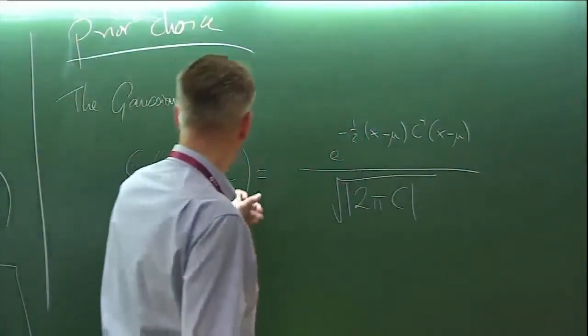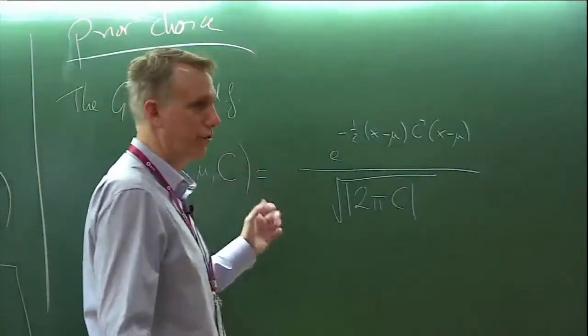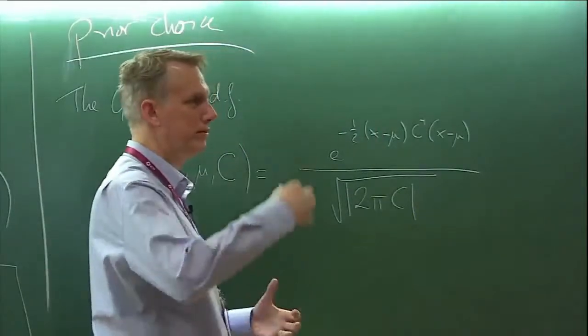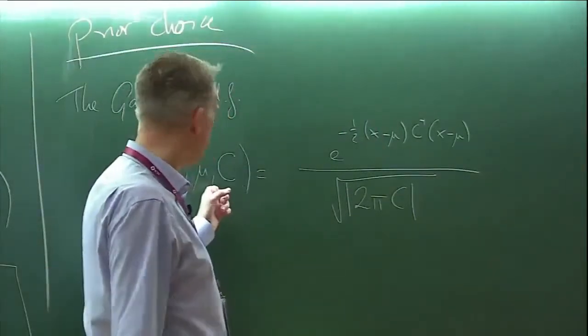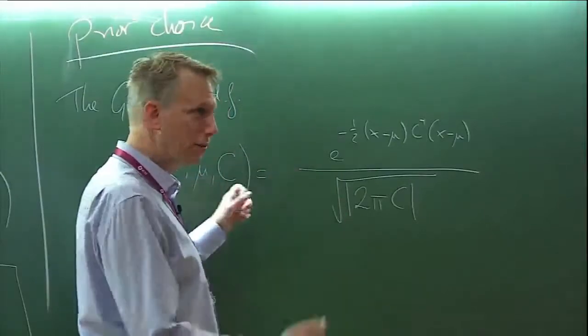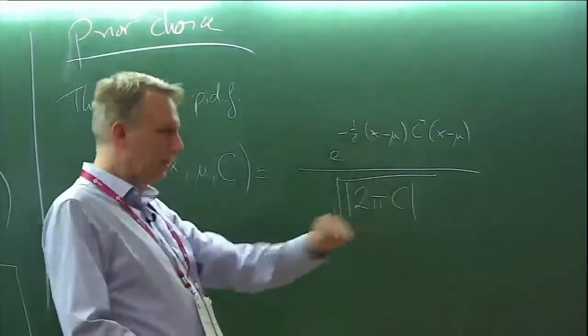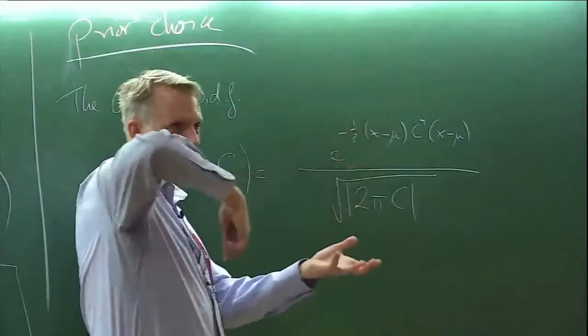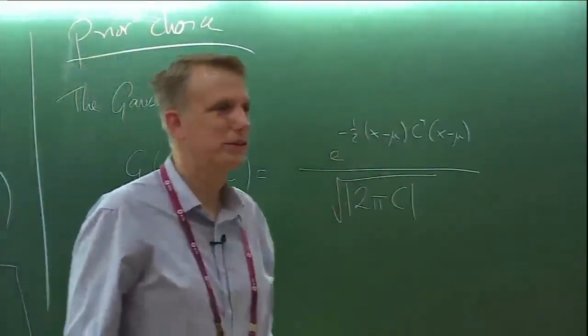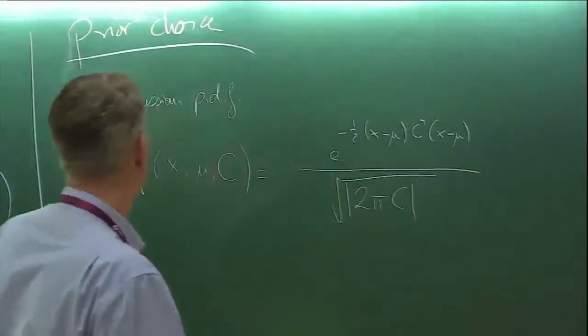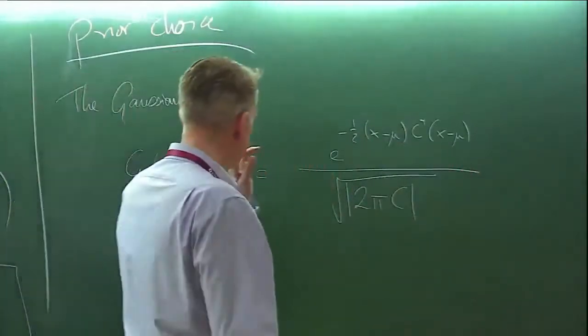So C can be, let's say, for 1D, the variance. For more than 1D, it's a covariance matrix. Mu is the mean vector, where the Gaussian is located. C describes the uncertainty around that Gaussian, and X is just the value that you're describing with the PDF that you're modeling.